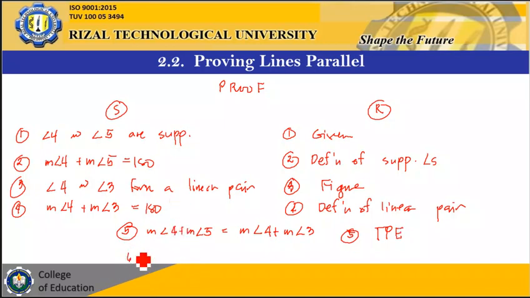Next. So, we can see that there is a common quantity in statement number 5. And what we need to do is to subtract both sides of the equation by the measure of angle 4.